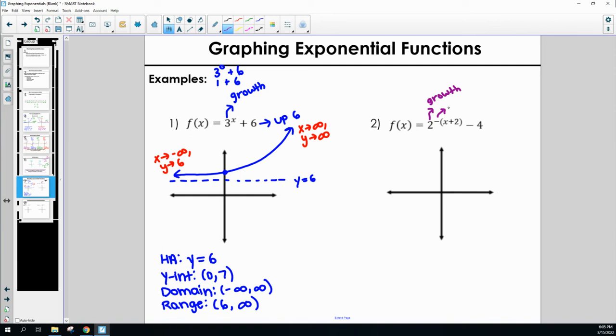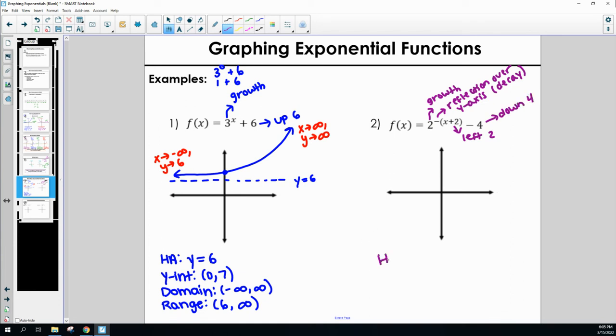So that means this is going to be a reflection over the y-axis, which means that the graph will actually be a decay function. Because it's reflected over the y-axis, this becomes a decay function. This plus 2 means it's going to the left 2, and this minus 4 means it's going down 4.